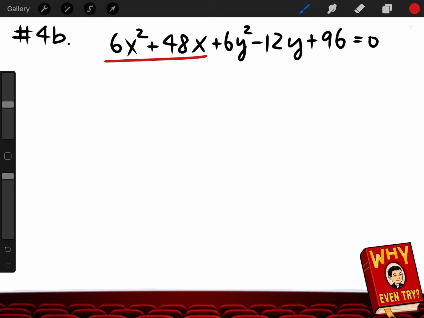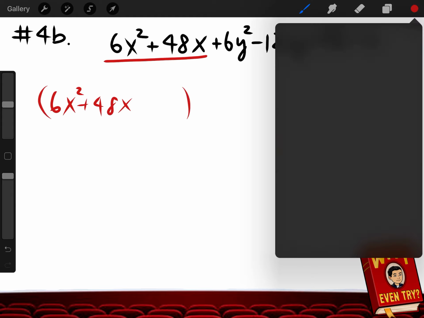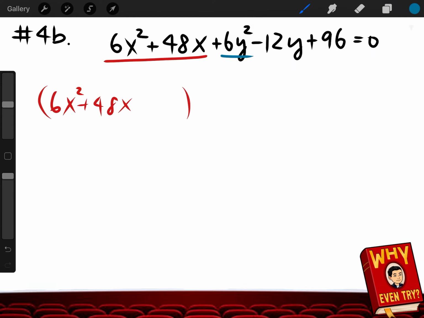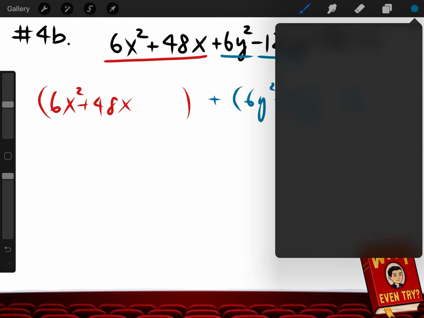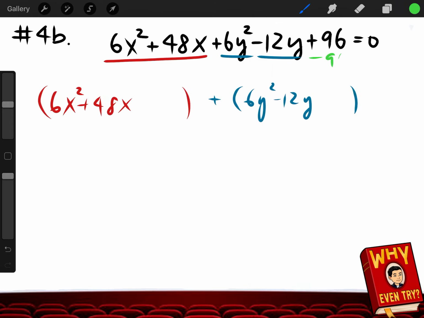These are the x's: 6x squared plus 48x. The other ones are y's: 6y squared minus 12y. Subtract the 96 on both sides, so it equals negative 96.